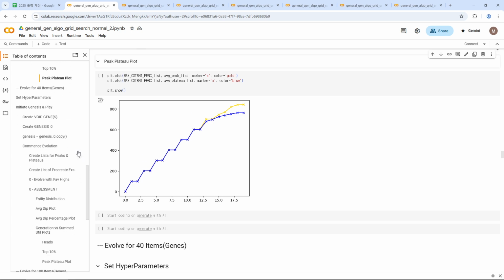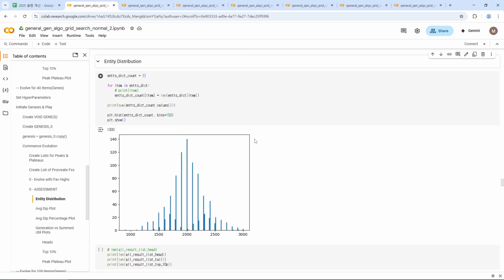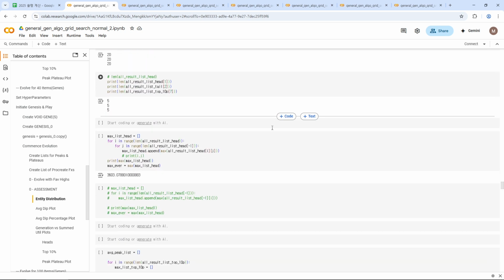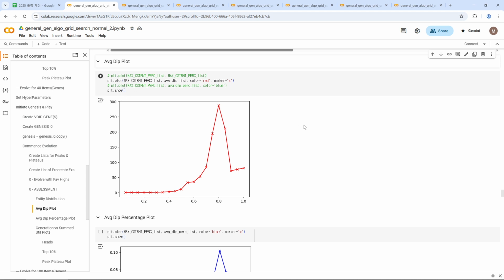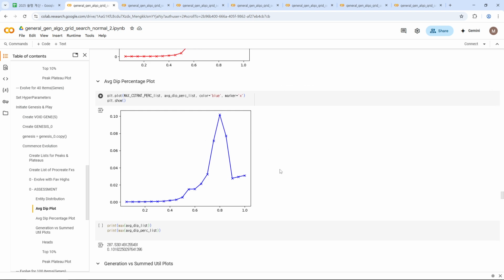So what about 40 items? This is the entity distribution, very pretty, a pretty normal distribution. Average dip percentage plot, usual.